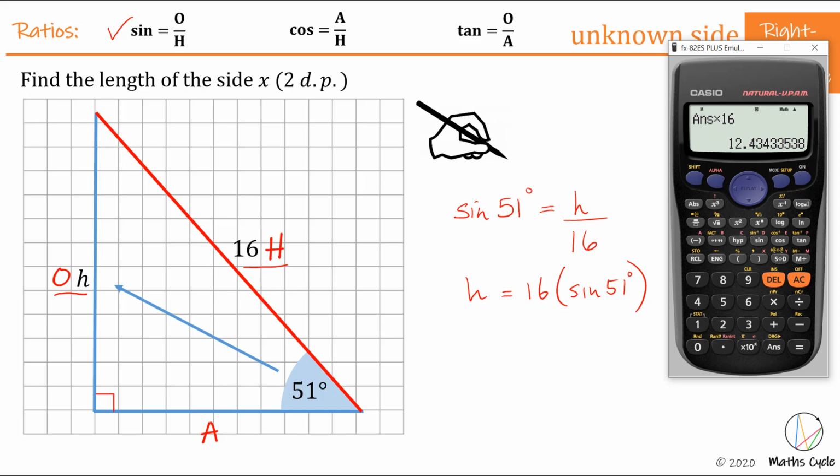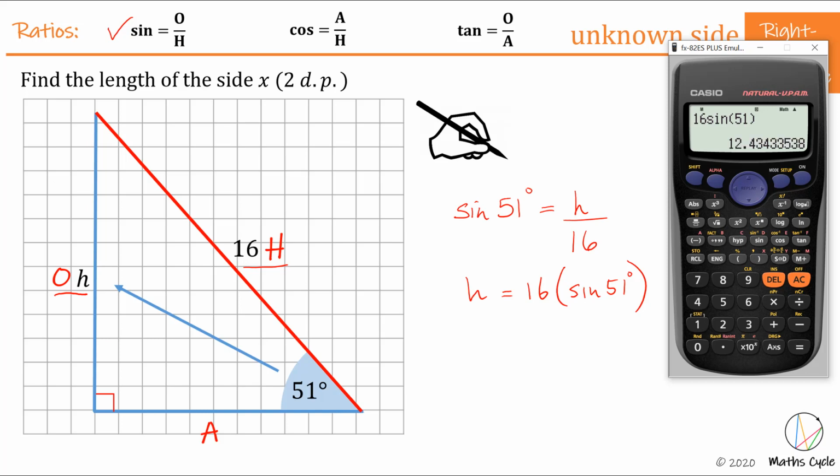So my answer is 12.43, okay? Or as I said, you can put it just straight in and type in 16 sine 51. And as I said, the calculator understands that you mean for the 16 to be multiplied by the sine, and it gives us our answer 12.43.